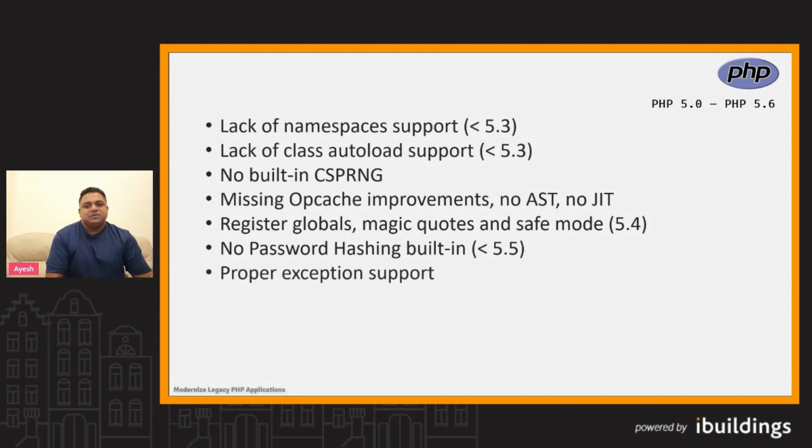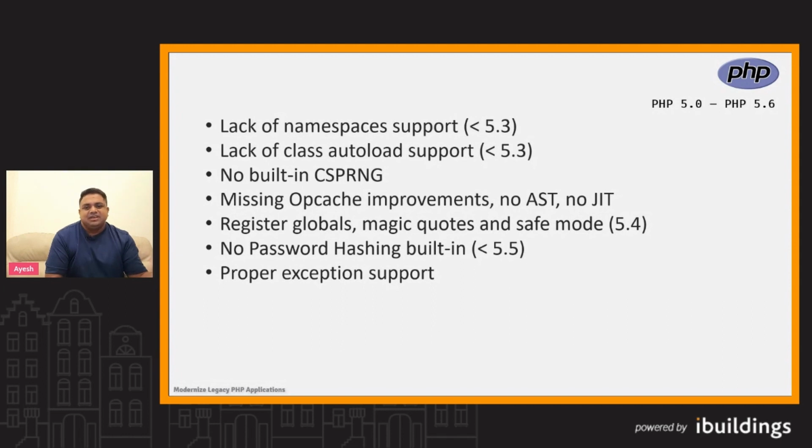And there was no proper exception support. So most of the built-in PHP functions used to return false or null if there was something wrong. But it's very hard to figure out because every time you call these functions, now you have to check, did it go okay, by checking the return value.